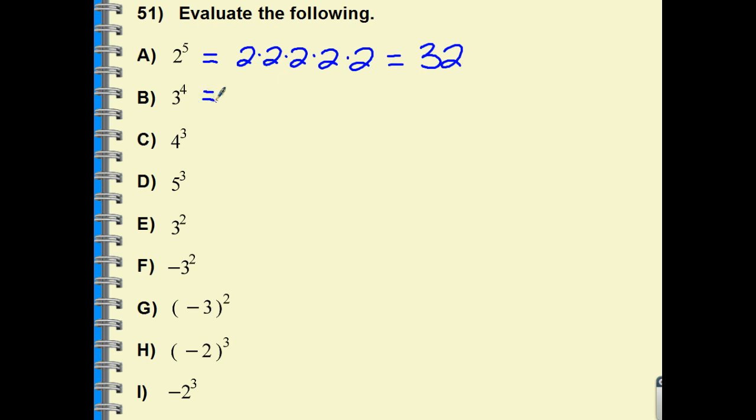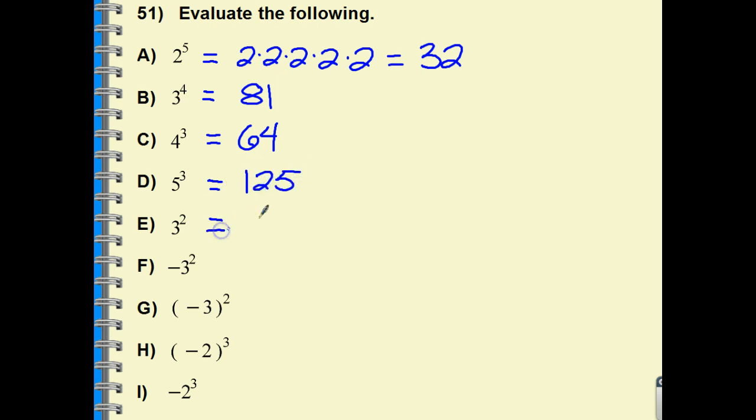All right, this is 3 to the 4th power, 81. 4 to the 3rd power, that would be 4 times 4 times 4. So 4 times 4 is 16. 16 times 4 is 64. 5 to the 3rd power, 5 times 5 is 25 times 5 is 125.